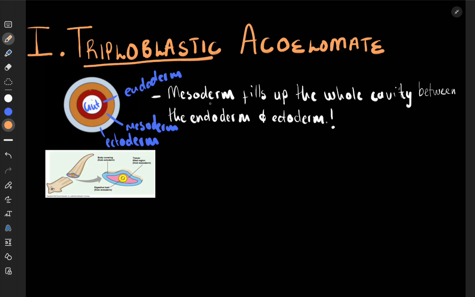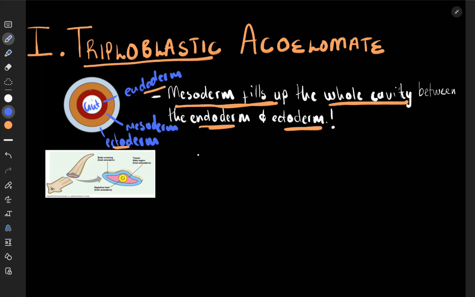So we have the statement which is saying mesoderm fills up the whole cavity. The whole space between endoderm and ectoderm is filled up by the mesoderm. There is no space here. Okay? So it fills up the whole cavity between endoderm and ecto. So between endo and ecto, there is a meso, which is filling up the whole space.